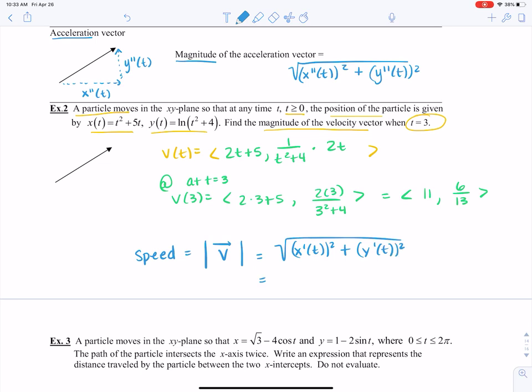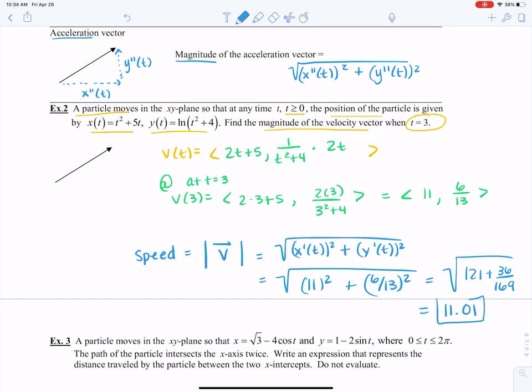And again, don't confuse this with arc length. All you're going to do is take the 11 and square it, and the 6/13 and square it, and we get the square root of 121 plus 36 over 169, or 11.01. Okay?